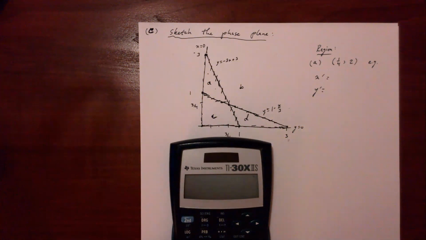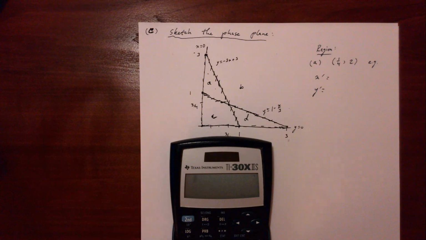So if I want the x prime, that's going to be 0.25 times 1 minus 0.25 minus 1/3 times 0.25 times 2.